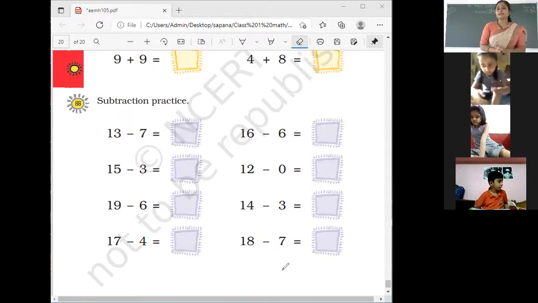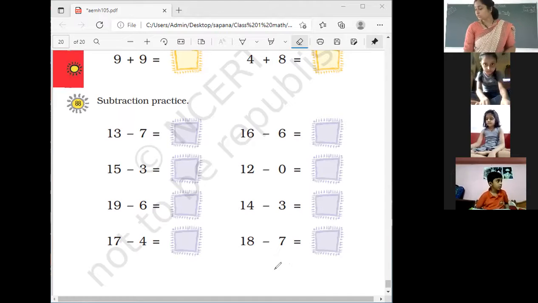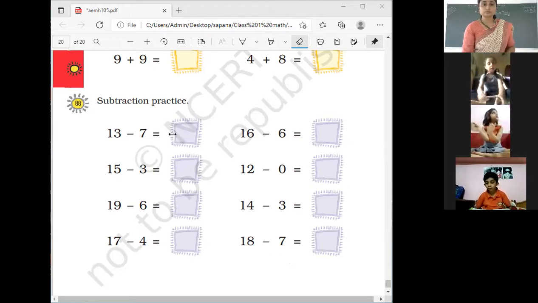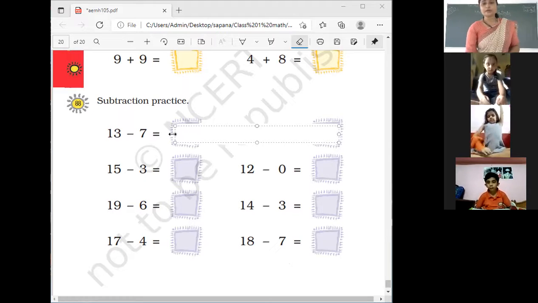Subtraction practice. So first 13 minus 7. 13 में से आपको 7 माइनस करना है. ओके, और 13 minus 7 is equal to. Manya, raise your hand. Very good, Manya.